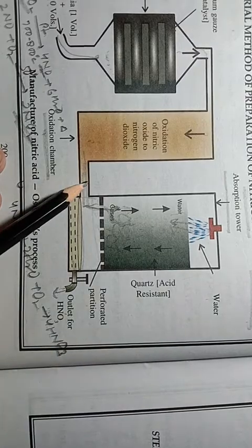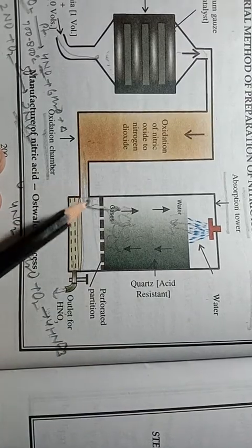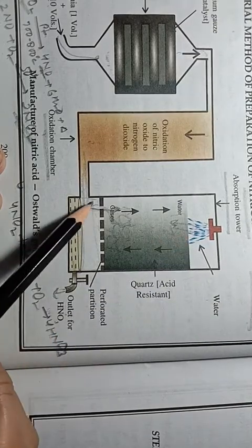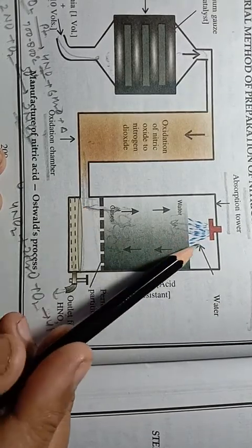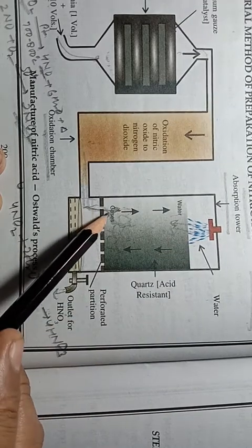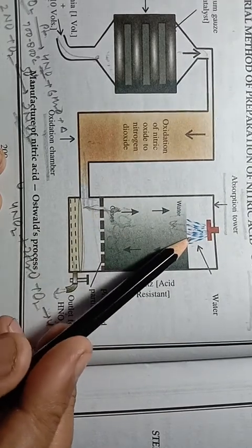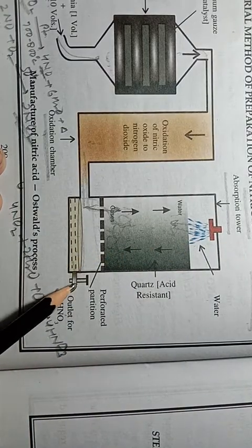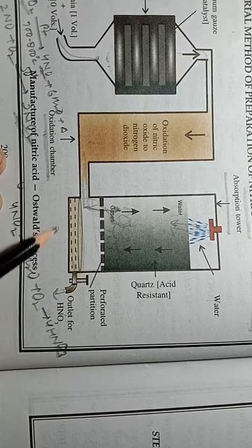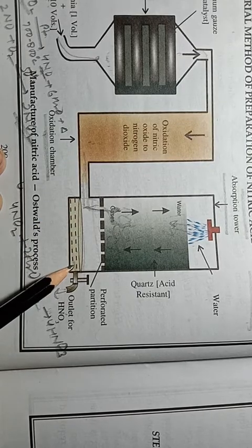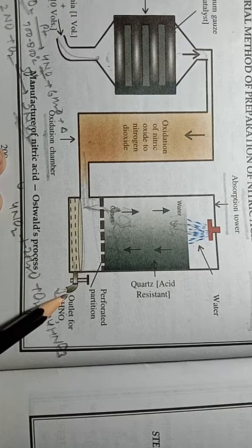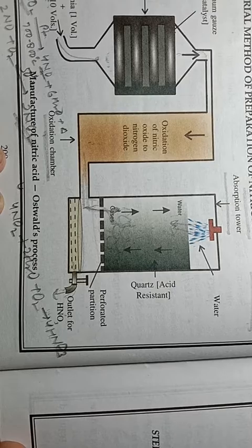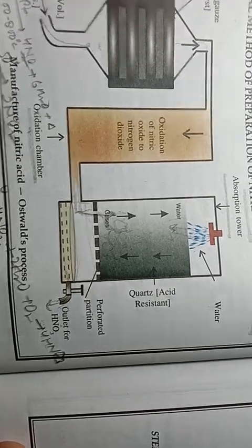This nitrogen dioxide with some other gases comes into the absorption tower, where these gases will dissolve in water, especially nitrogen dioxide, and it will form nitric acid, which will be collected at the base of the absorption tower, and it will be taken out from time to time. Okay students, so this is the Ostwald process.